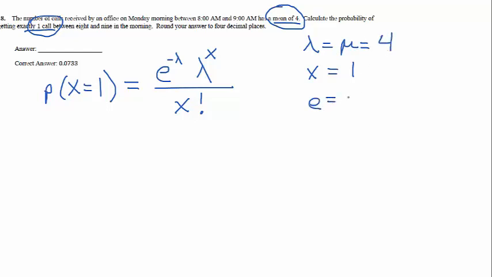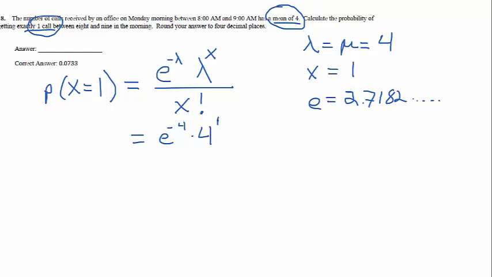e is equal to 2.7182 and so forth, and that's a constant. And if we just plug it in, then we have Euler's number to the negative lambda. Lambda is 4, that's our mean, times 4 to the x.